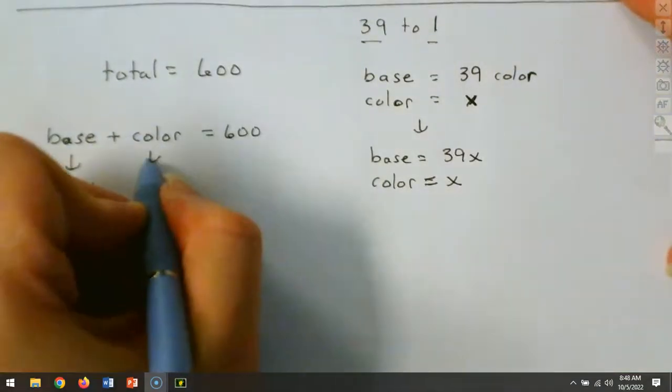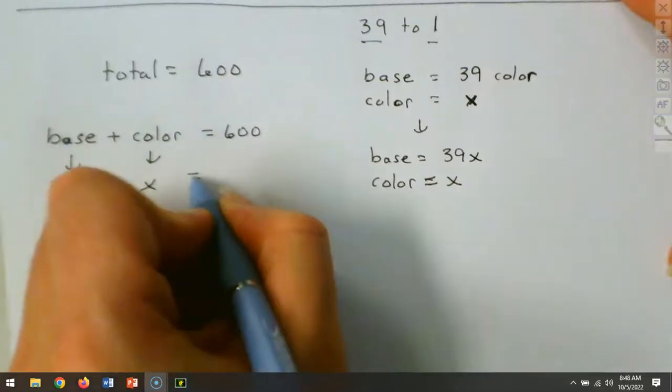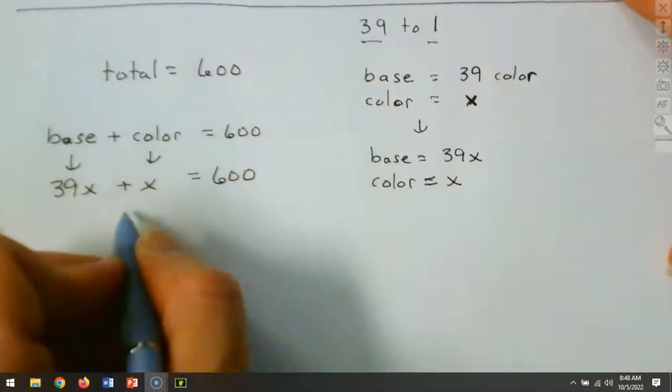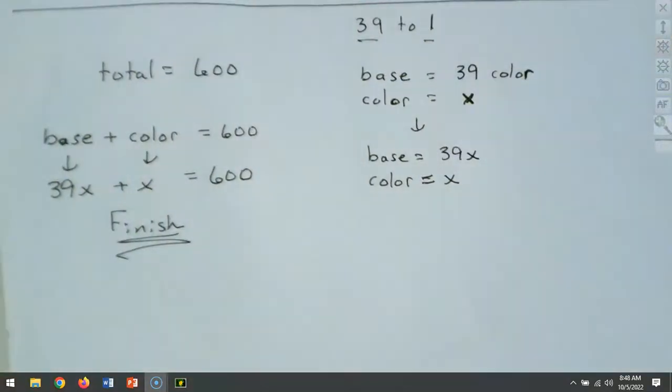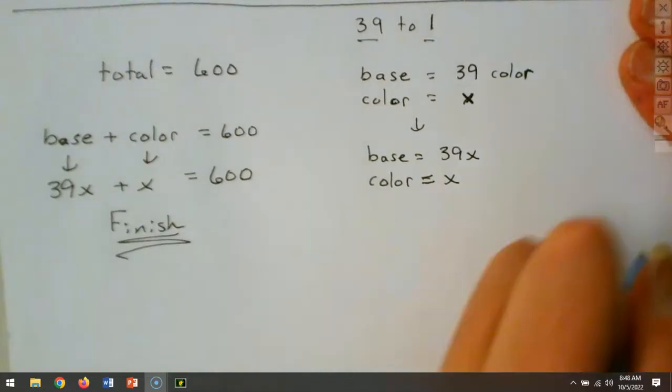The color is unknown. That's x. And that equals now 600. And I think you can finish it from there. It's going to come out to be a whole number. That's going to be the color. Multiply it by 39 to get the base. And they should add together at the end to give you the 600.